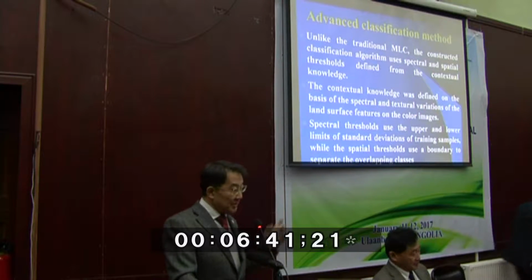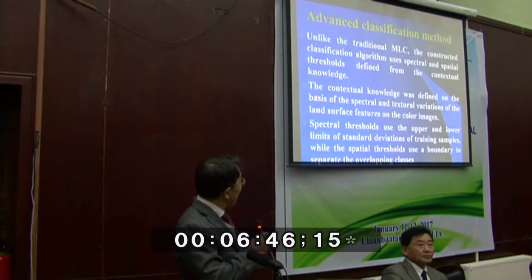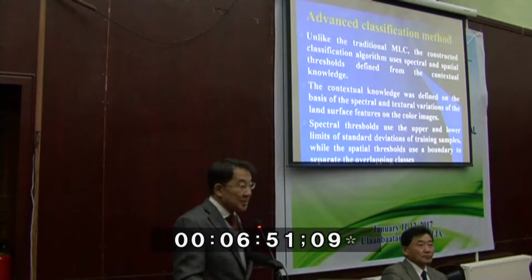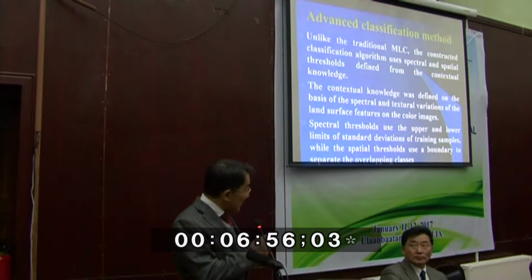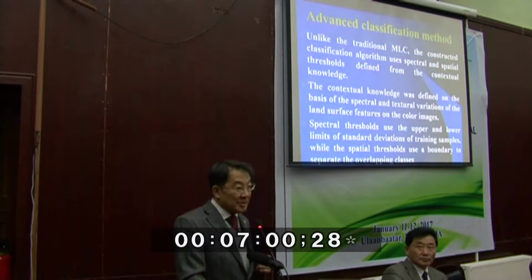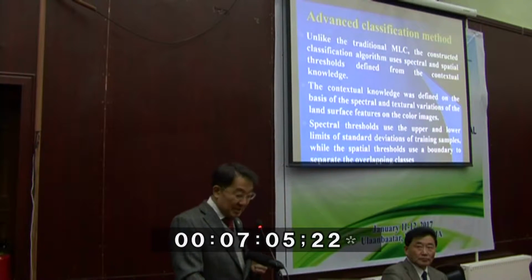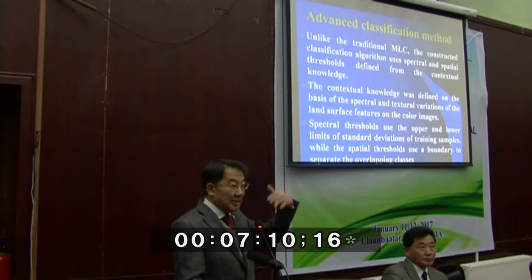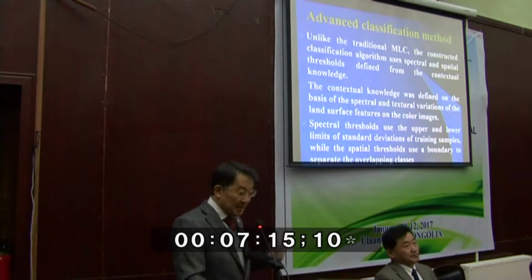For this purpose, we invented an advanced classification algorithm, and it uses spectral and spatial thresholds defined from the local knowledge, and the contextual knowledge was defined on the basis of the spectral and textural variations of the land surface features on the color images. Meanwhile, spectral thresholds use the upper and lower limits of the spectral values of the training samples, etc.